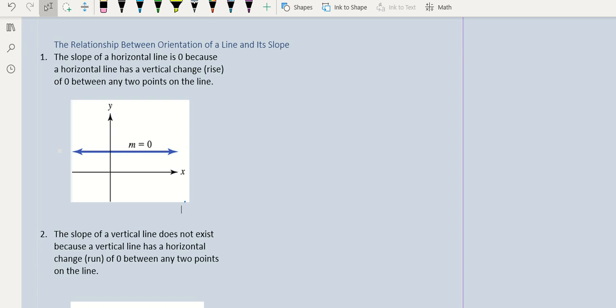So this is what it looks like when your slope is 0. It is a horizontal line. It goes straight across whatever value of y is given. So if it says y equals 4, that means 1, 2, 3, 4. That would be our horizontal line. Oh, that's a horrible color too.